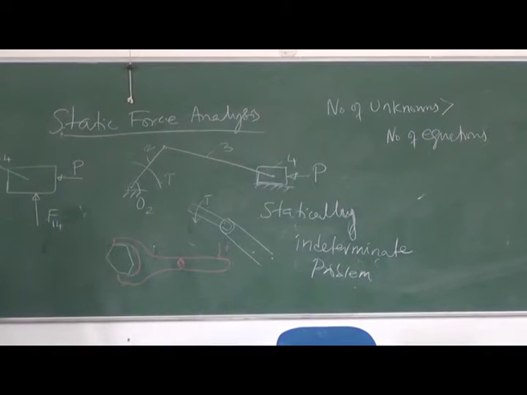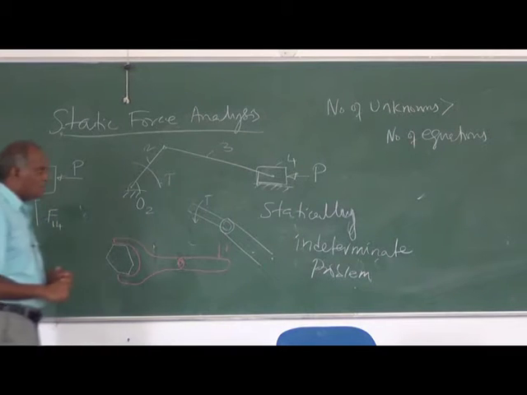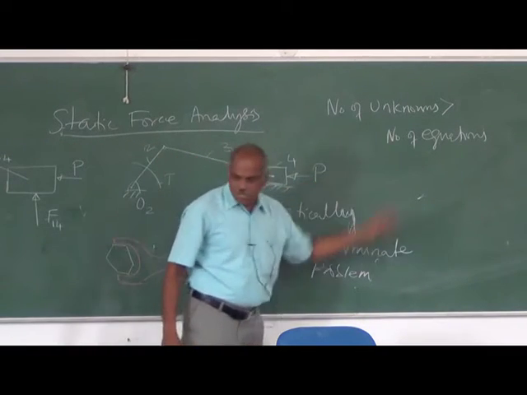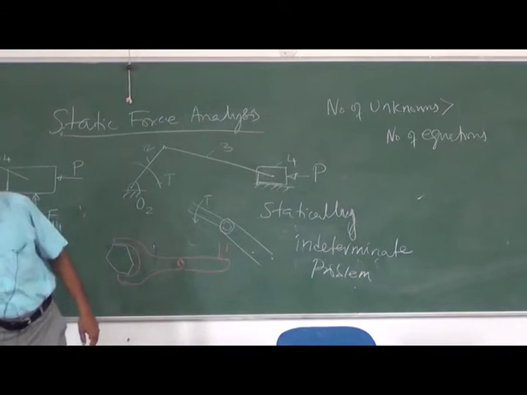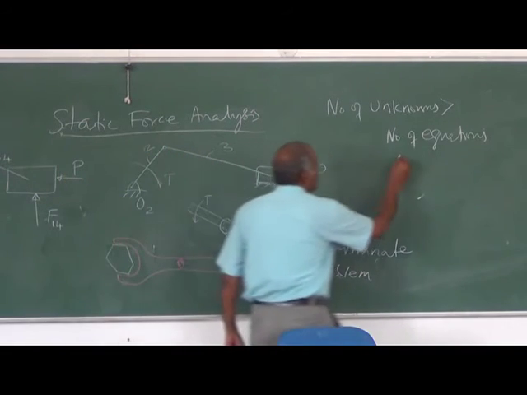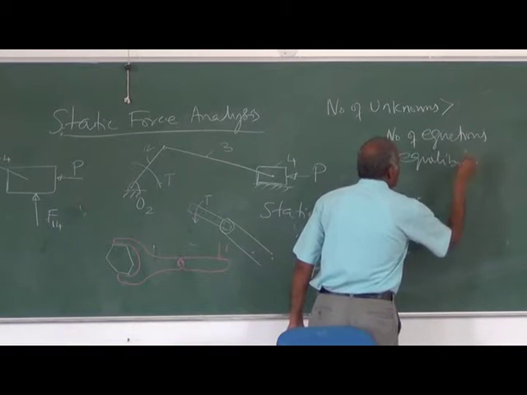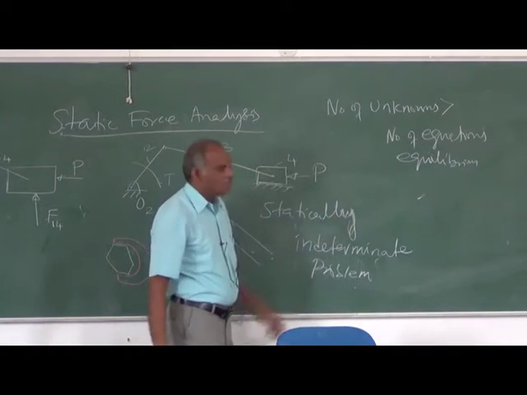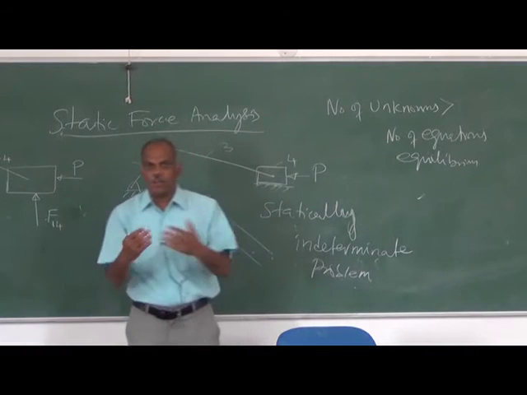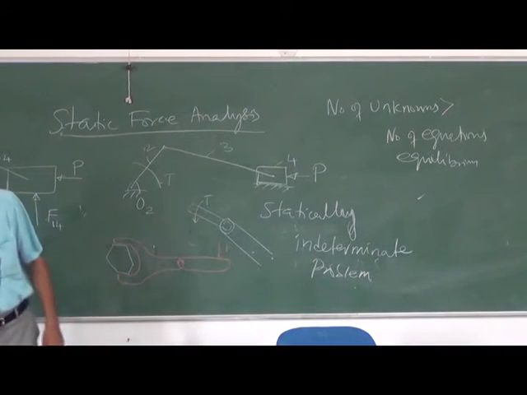Simple algebraic thing. If I have 2 unknowns and I have 2 equations, I can solve. 2 unknowns, 1 equation, I cannot solve. Same thing, the number of equilibrium equations and the number of unknowns that you have to see.